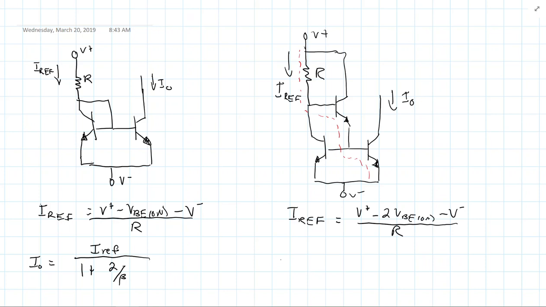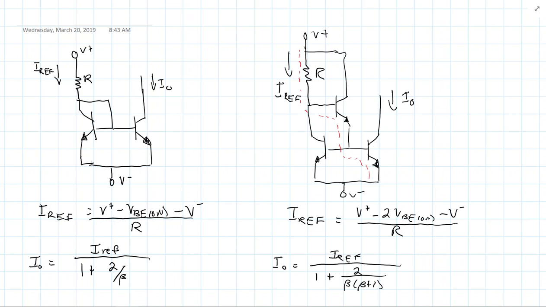And then we got I out being equal to Iref over 1 plus 2 over beta times beta plus 1.